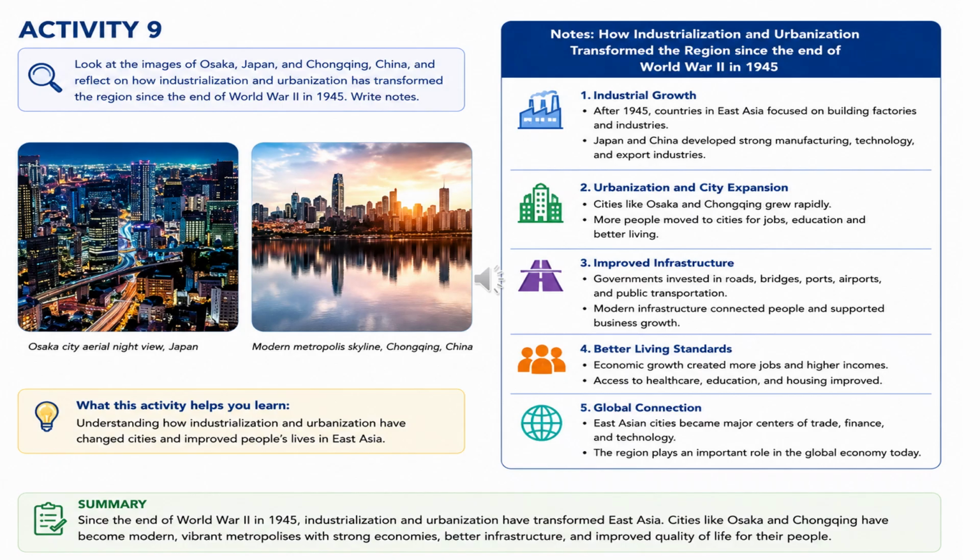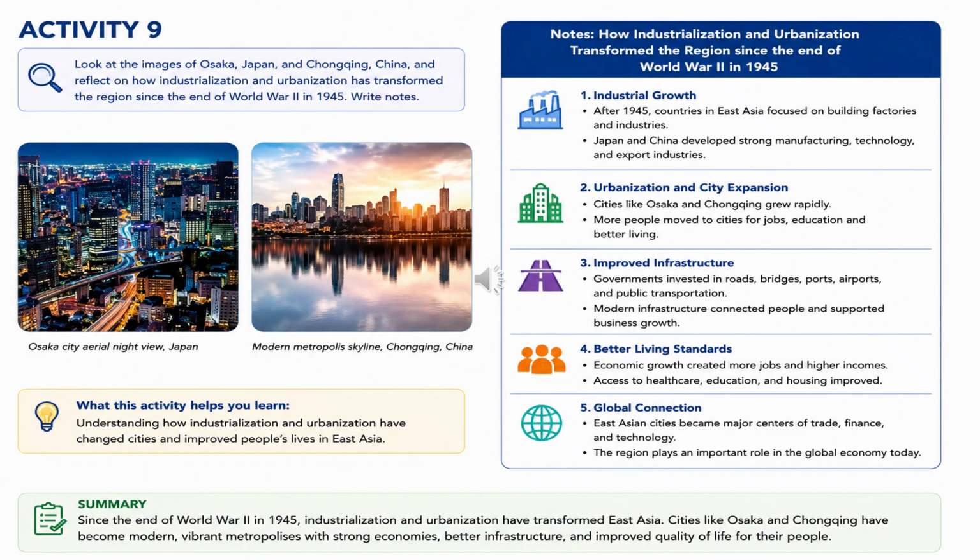The second change was urbanization. Urbanization means that more people moved from villages and other rural areas to cities in search of better jobs, education and healthcare. As a result, cities like Osaka and Chongqing grew rapidly and became large metropolitan cities.